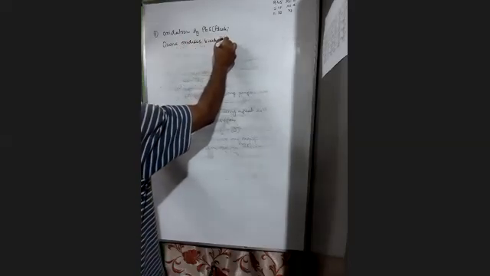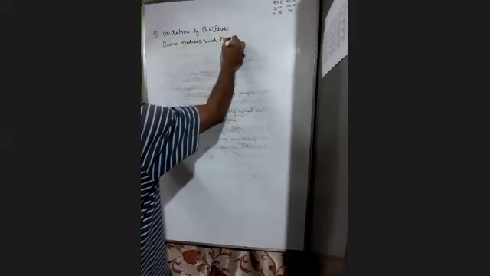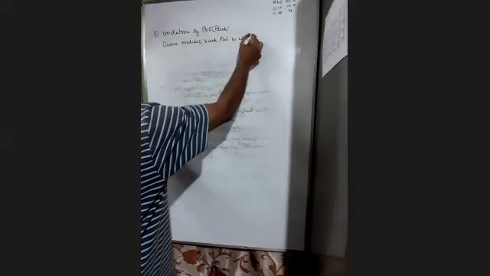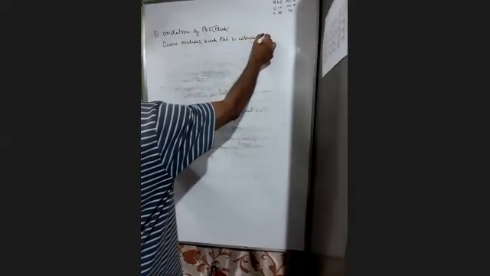Ozone oxidizes black lead sulfide to colorless lead sulfate. Why am I writing the color? Because this question they will ask you like this: what happens to the black lead sulfide when it comes in contact with ozone? You have to write that it forms colorless lead sulfate.